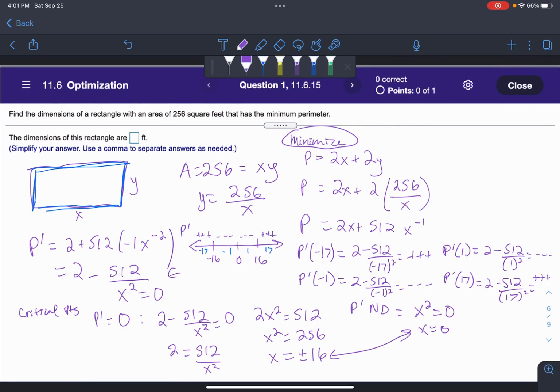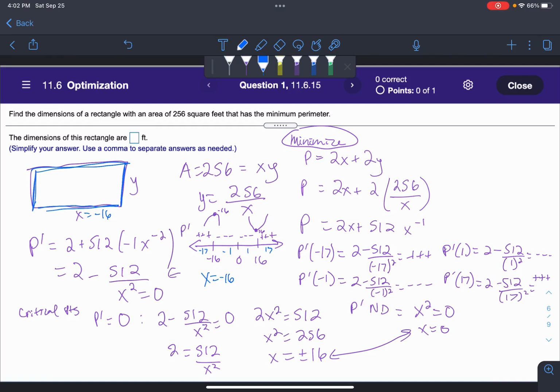And so if we look, this means that I have a maxima at -16. My P is decreasing, then increasing around 16, and then no extrema at 0. And so +16 is our answer. Now, of course, you could also use the logic that if x were equal to -16, that means that my side is -16, which makes no sense in terms of area and perimeter.